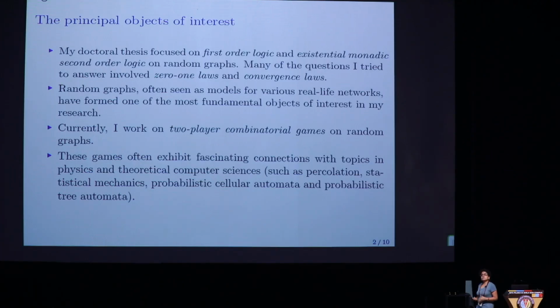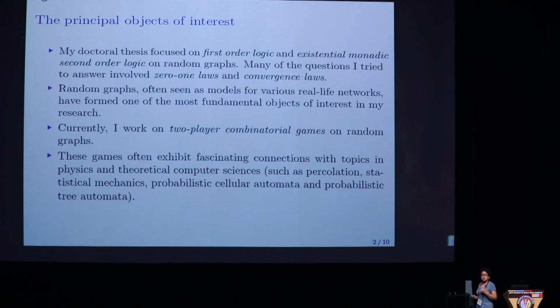But these games are also useful because they have very fascinating connections with topics in both physics and theoretical computer science. In physics, for example, percolation and statistical mechanics in particular, that I have seen. There are probably many more connections that I don't know of, and I'm trying to learn.